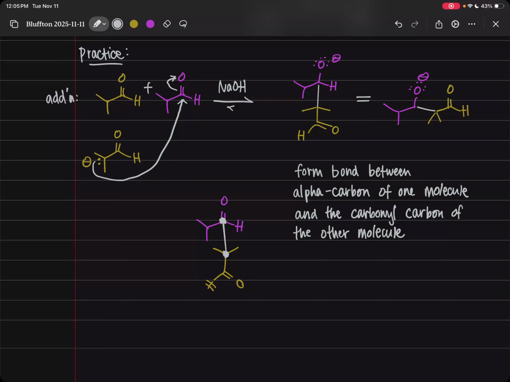Form your bond. And then we've got 5 bonds to the carbon at the top, right? So that just means that we've got to replace that with an alcohol. So ugly as it is, that's correct.